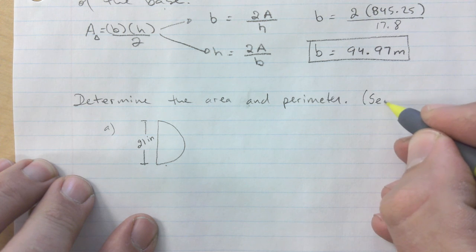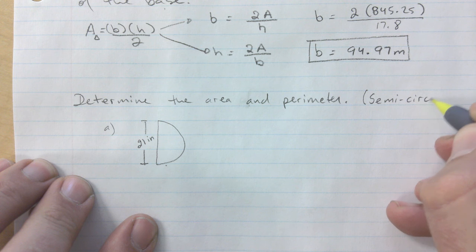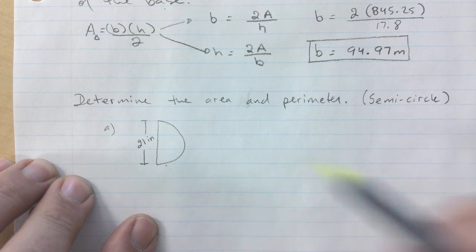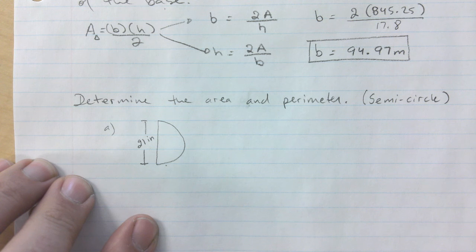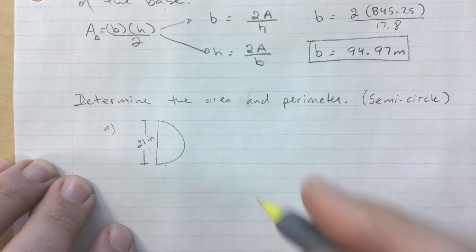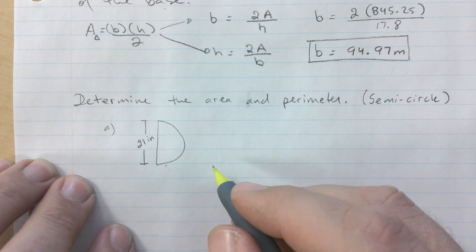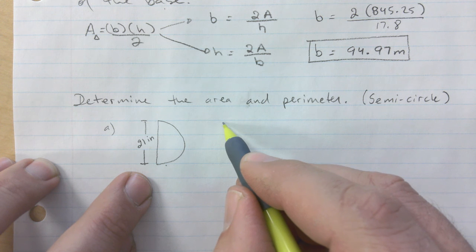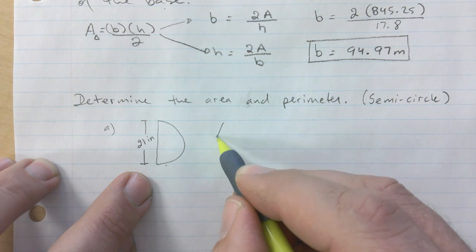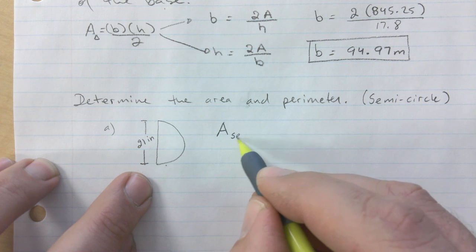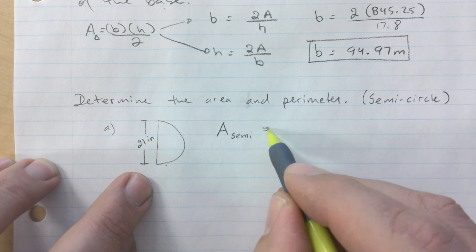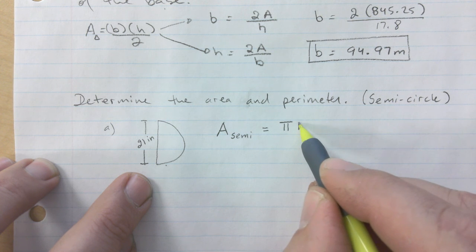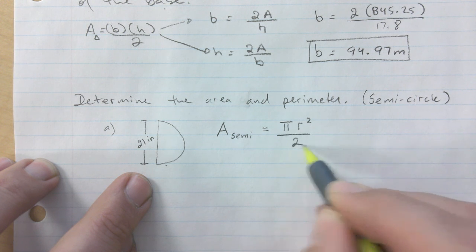By the way, this is a semicircle. So to get the area of a semicircle, we would have to go pi r squared divided by 2.